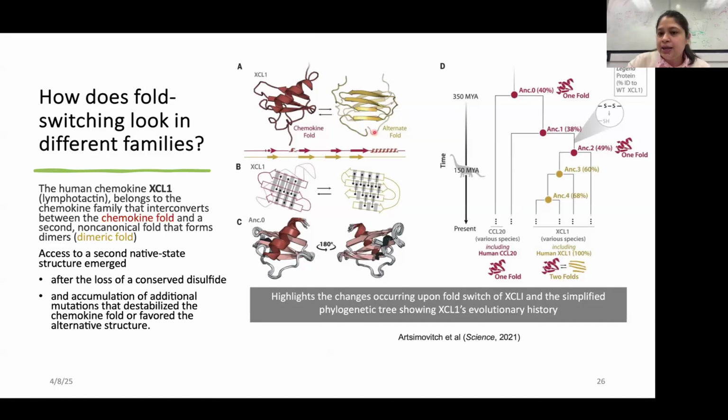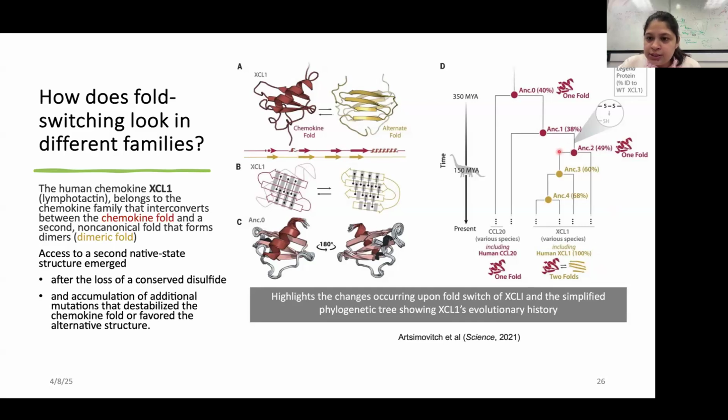This group also performed ancestral reconstruction and phylogenetic analysis, and they followed up with experiments to look at how one fold, leading from the chemokine fold, has led to two folds.